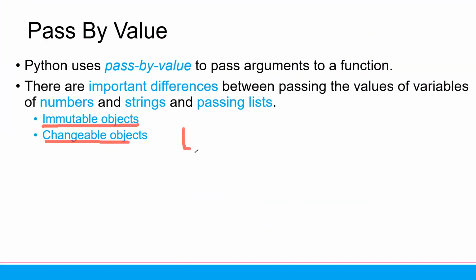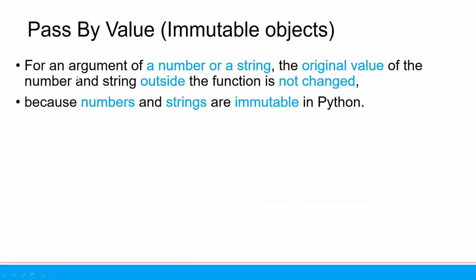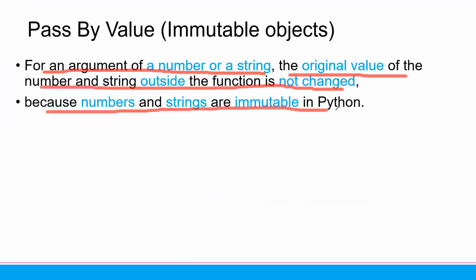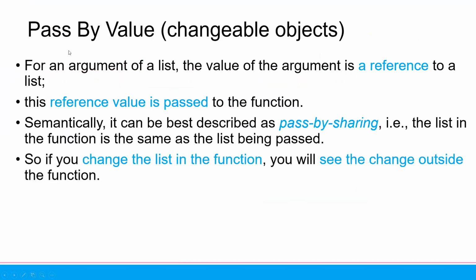If it is a list, you can change it. For an argument of a number or a string, the original value outside the function is not changed, because numbers and strings are immutable. I will show you later with examples.